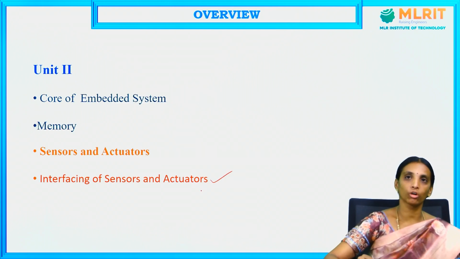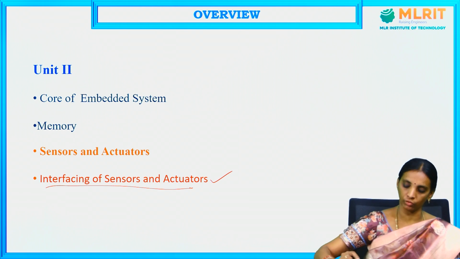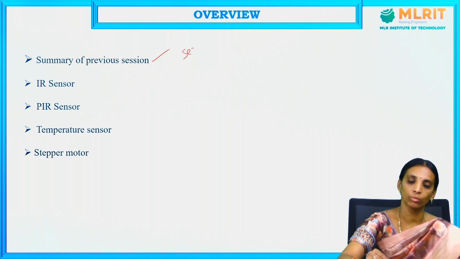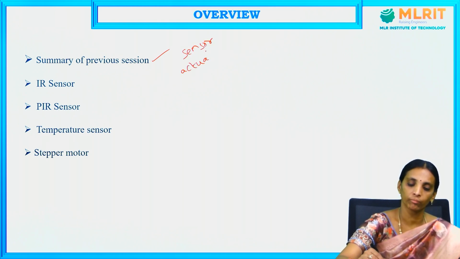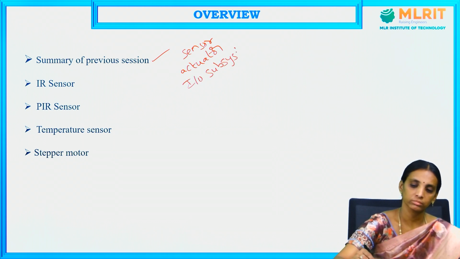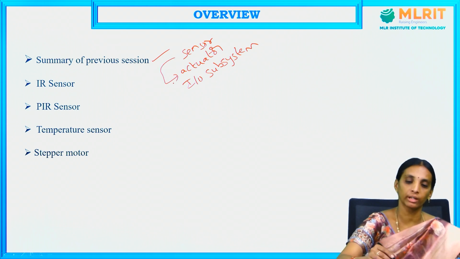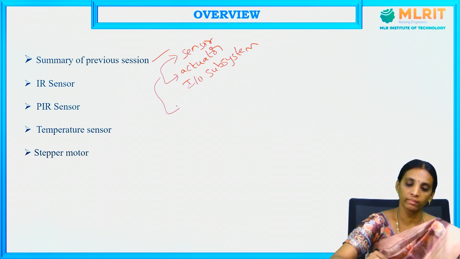So this is the topic we have discussed in our present video session. In the previous session we discussed what is a sensor, what is an actuator, what is an I/O subsystem, and examples of these sensors and actuators, including LED and push button switches.